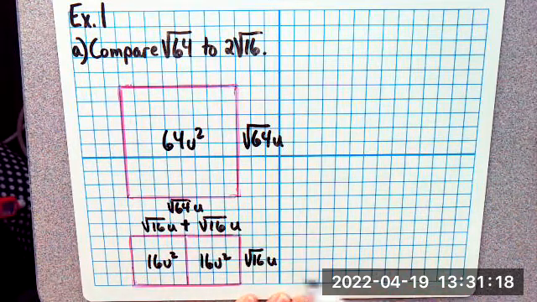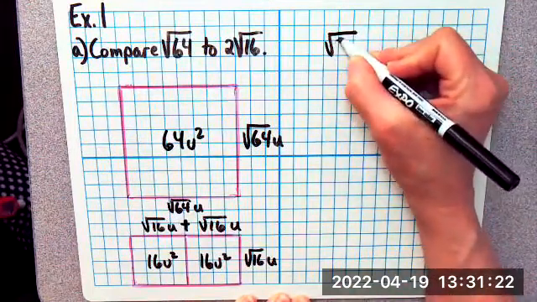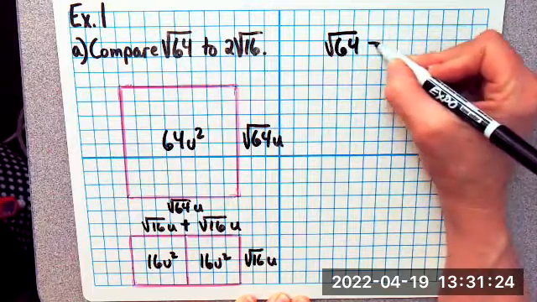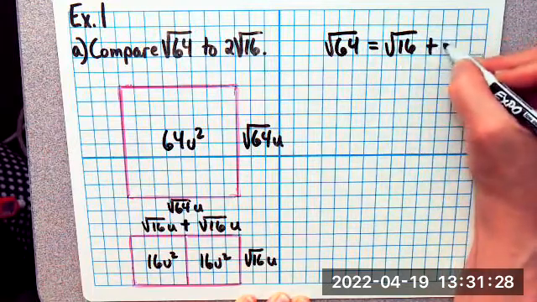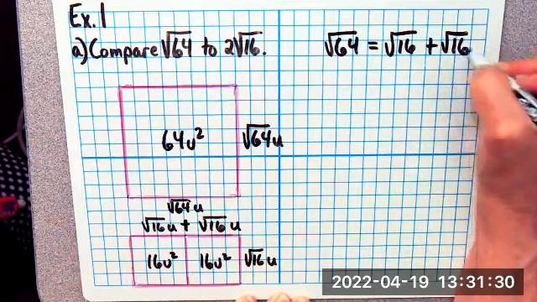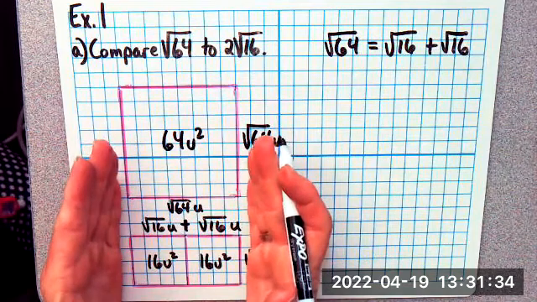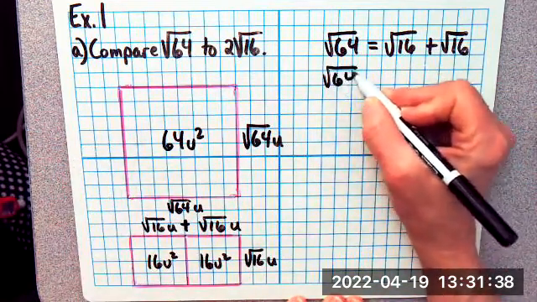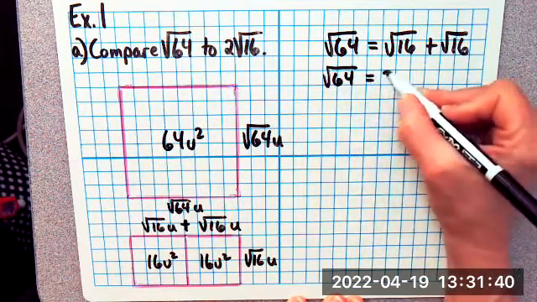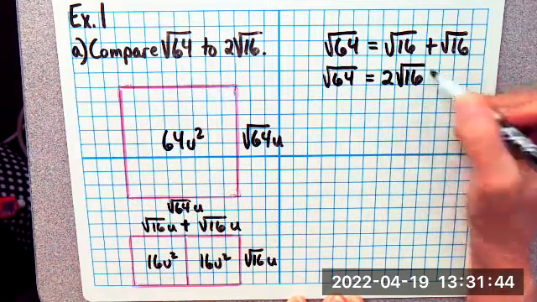So in this case, we see that the square root of 64 equals the square root of 16 plus the square root of 16 when we put it in an actual drawing like this. So the square root of 64 equals 2 of the square roots of 16.